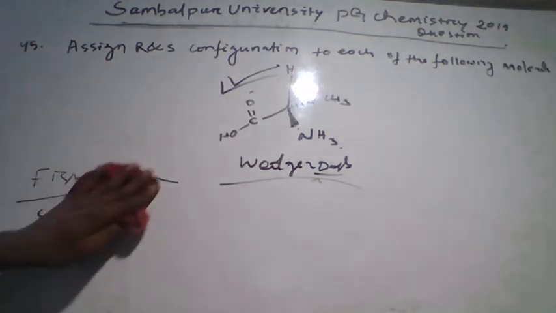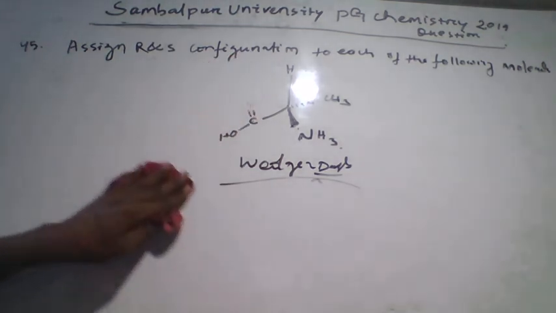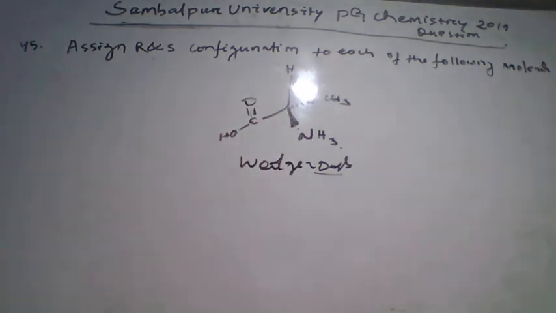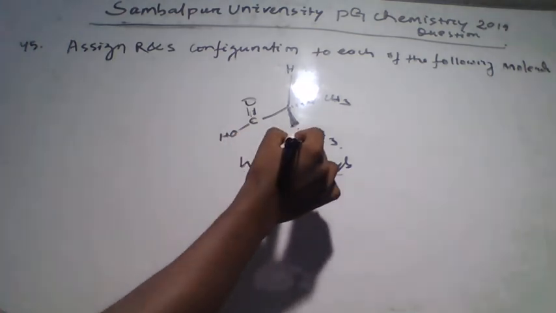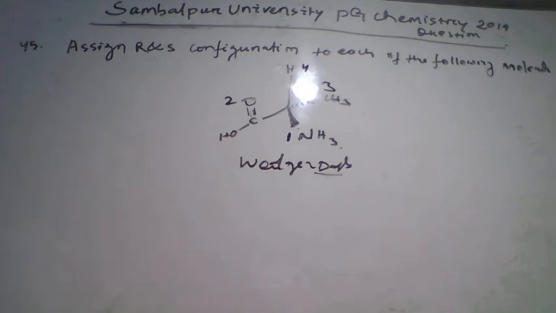Then we'll see the wedge-dash RS configuration. Assign RS configuration for the wedge-dash molecule. Okay, let's see here. Here put the priority order according to CIP rule. Here 1, 2, 3, 4, and you are seeing the fourth priority group is already in the plane, and for RS configuration determination, the lowest priority group should be above or below. If it is in the plane, you have to interchange two groups two times.